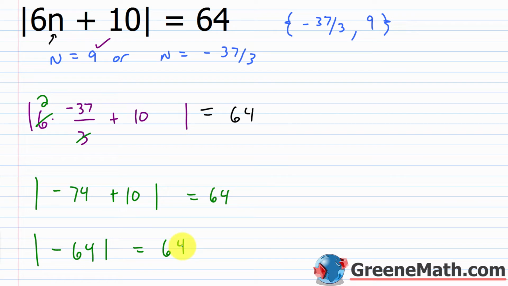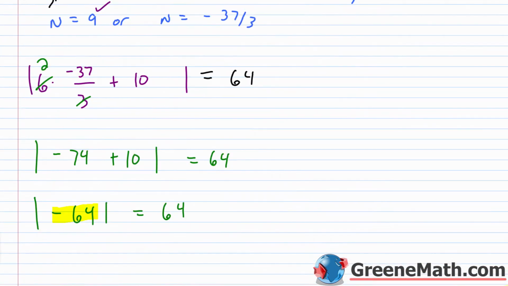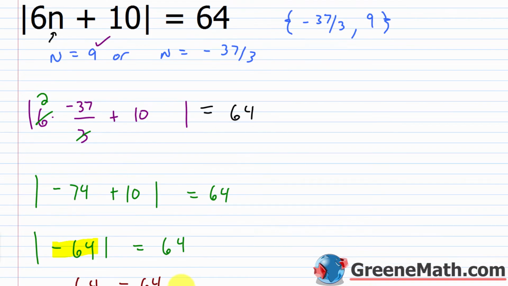Now, again, when I take the absolute value of negative 64, it's going to make it positive. So the two sides are going to be equal because of the absolute value operation. So that's why we end up with two solutions here. So this, we kind of scroll down a little bit, turns out to be 64 equals 64. And so this is good to go. So what we can say here is that this solution is correct as well.